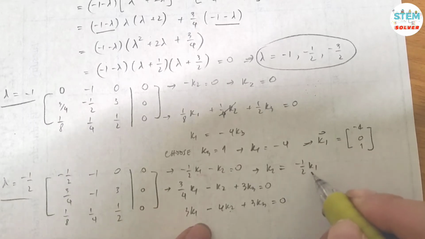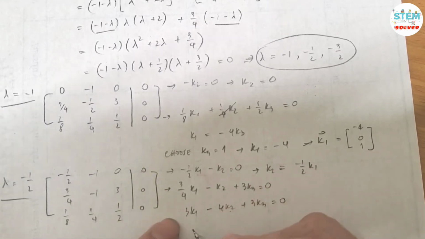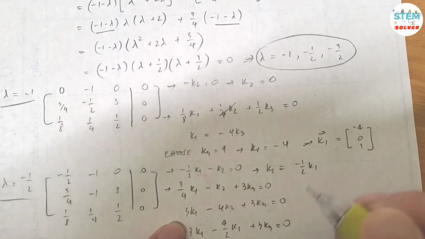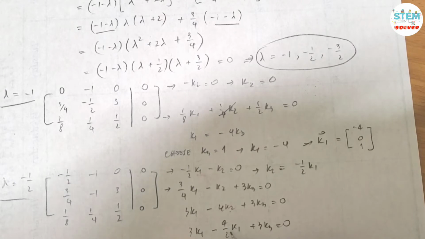Okay, k2 is -1/2 k1, so plug it into here. So 3 minus 2, which is 1 k1. Solve for k1, I got negative 3k3.